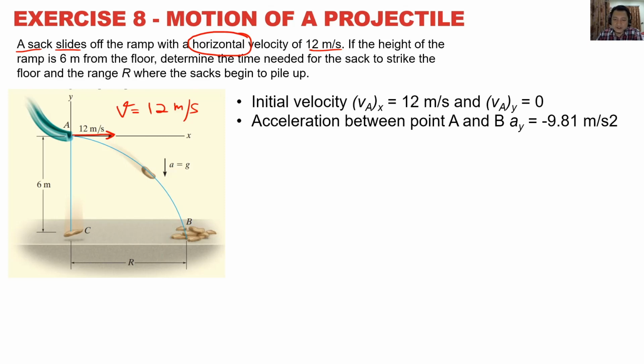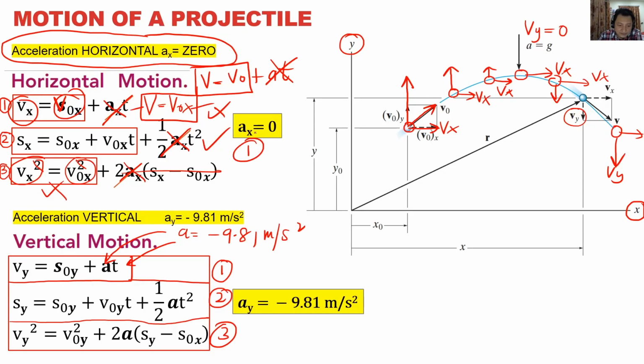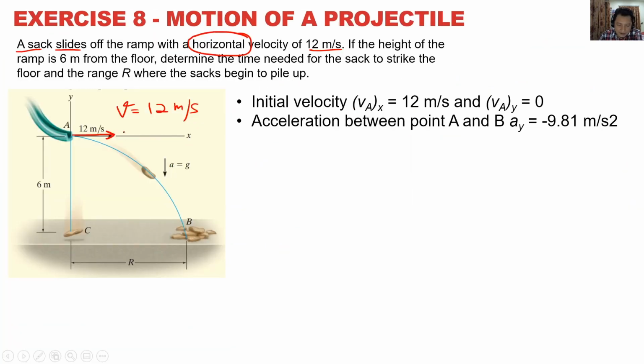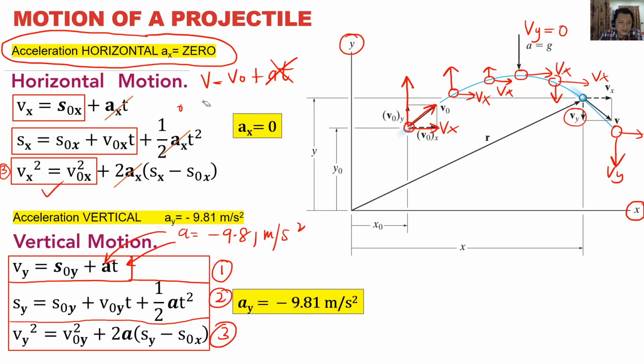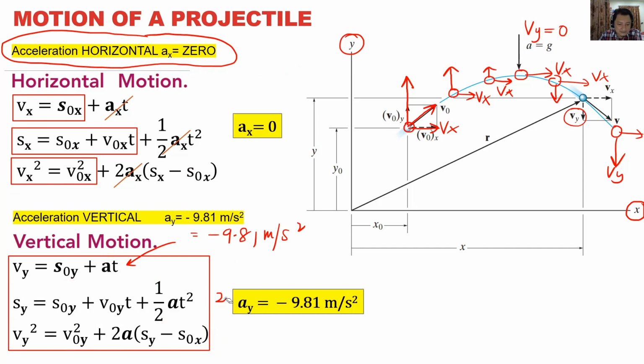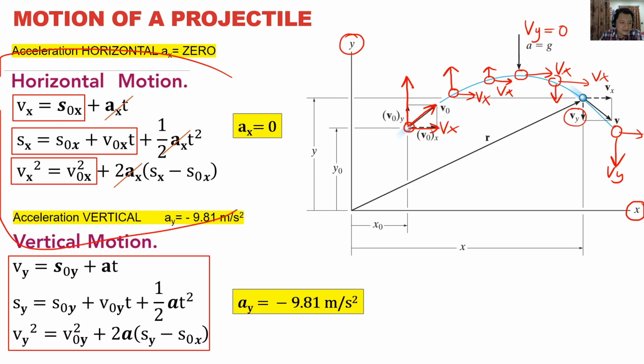Okay, so initial velocity. Let's look at the equation. Remember, you need to analyze two things, horizontal and vertical. Firstly, you analyze horizontal motion first. This one, okay, this is wrong.